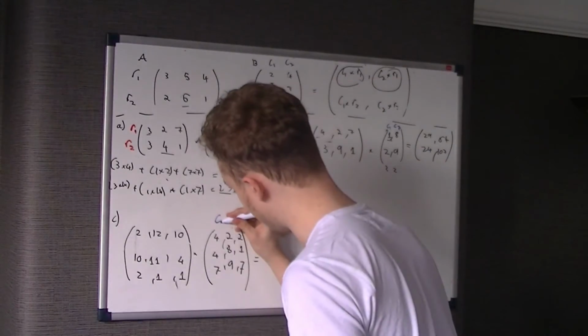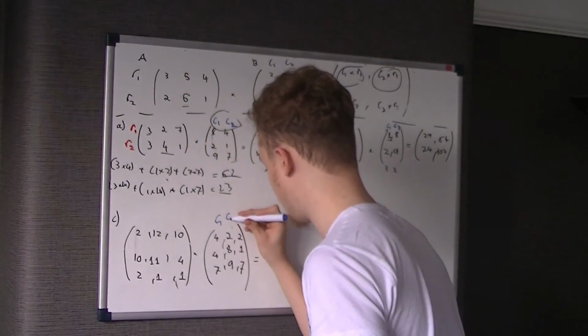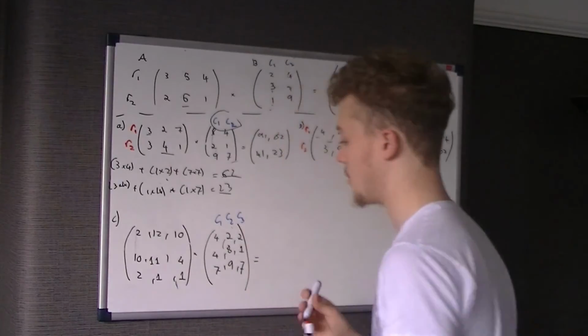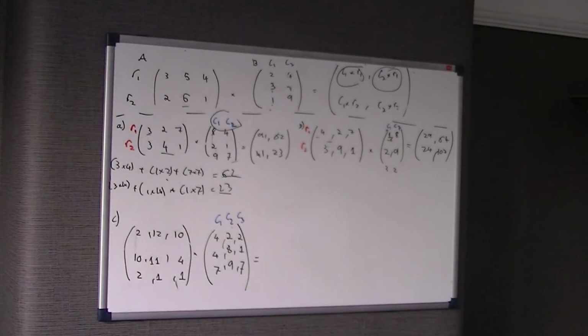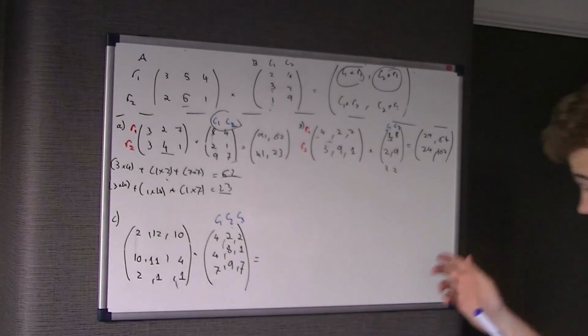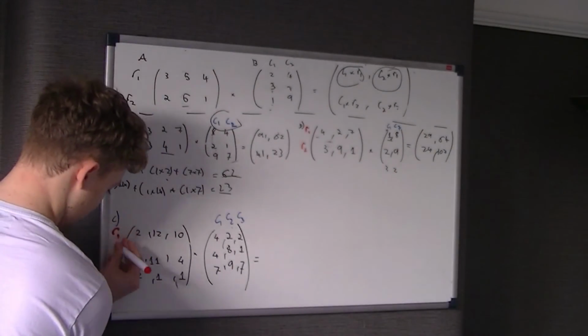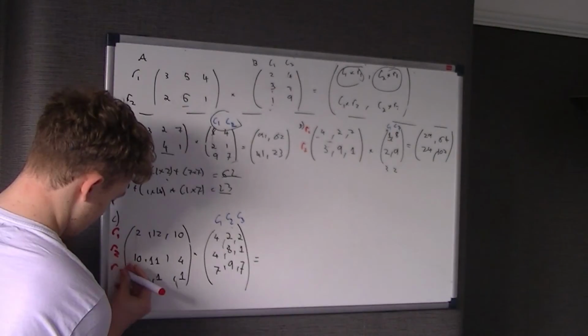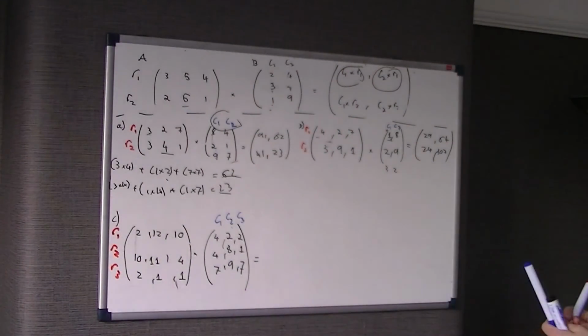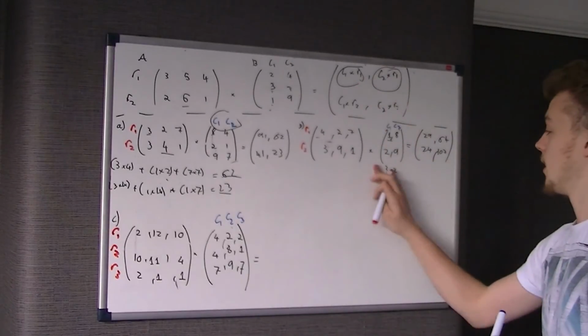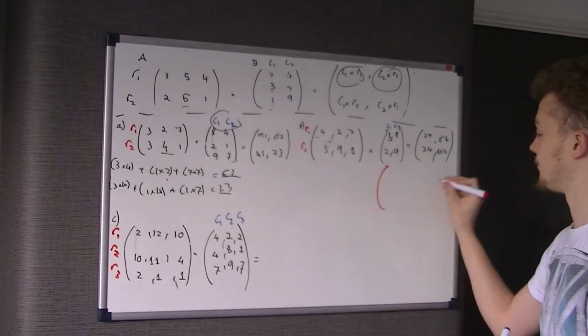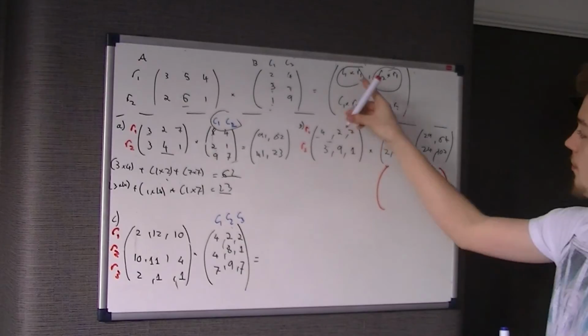In both we're going to have 3 columns and 3 rows. So you label the 3 columns in the second matrix and the 3 rows in the first matrix: row 1, row 2 and row 3. We follow the same principle.